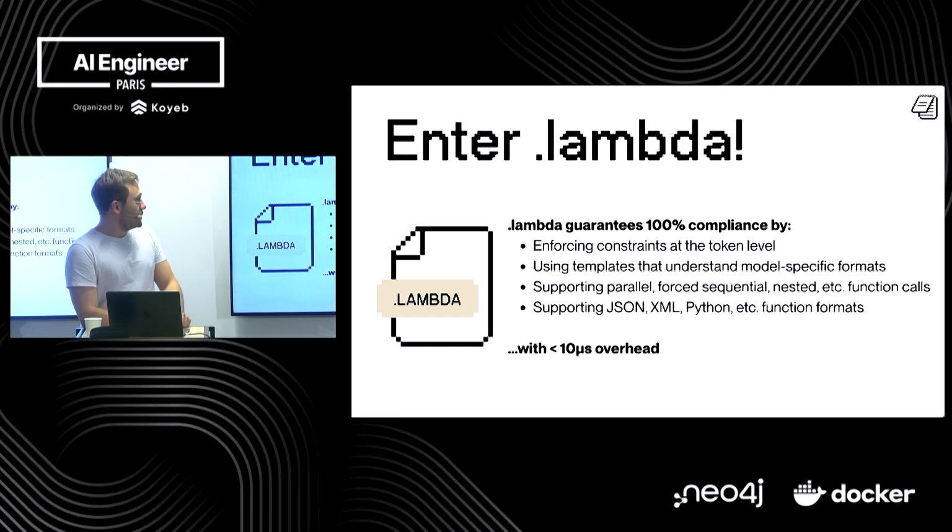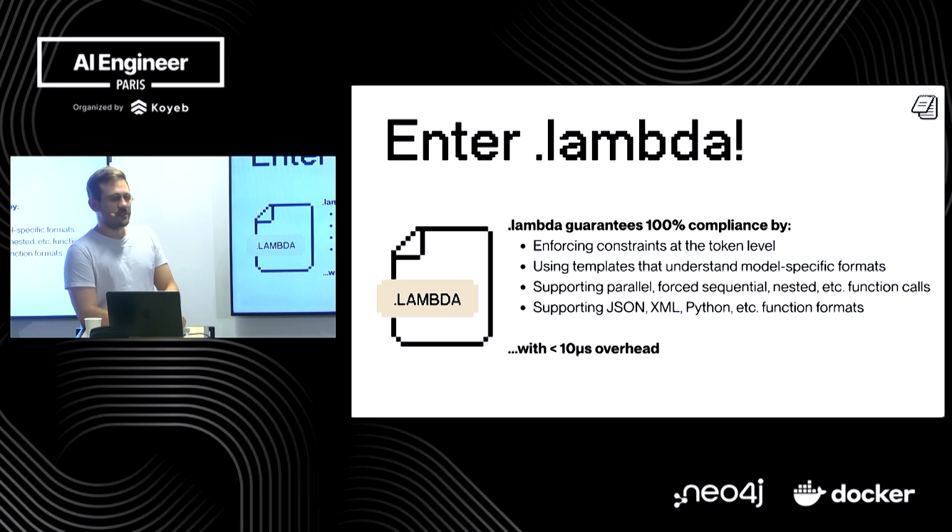We support parallel function calling, obviously, but we also support other things that models don't necessarily support natively, which is sequential function calling. We'll see an example of this. We support nested function calls, which models are typically really bad at, and other formats of function calls.